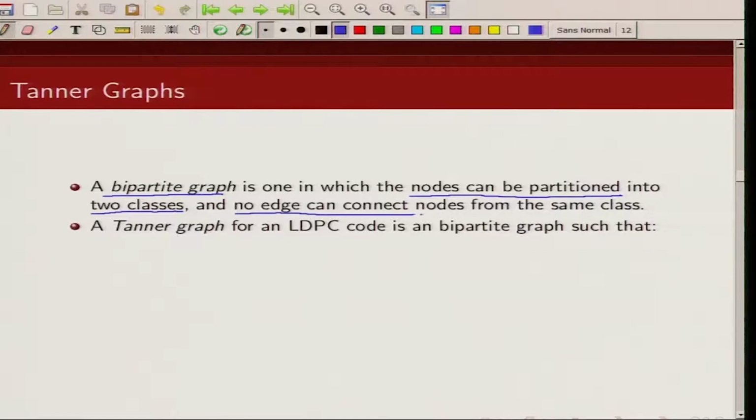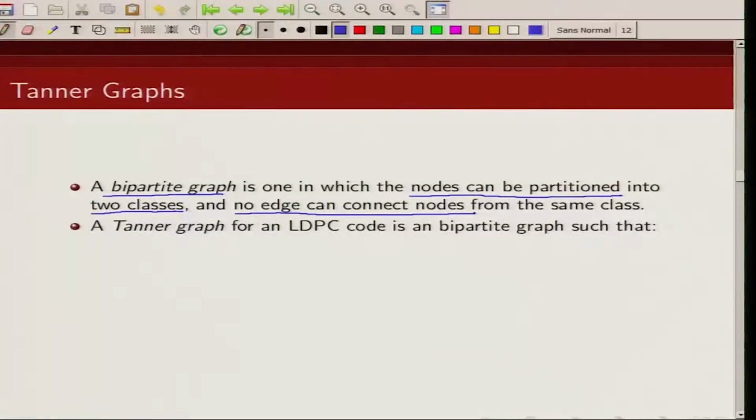That no edge can connect nodes from the same class. So, if you want to reach another node within a class, you at least have to travel twice. So, a bipartite graph is one where I can separate out the nodes into 2 classes such that there is no edge connecting nodes in the same class.